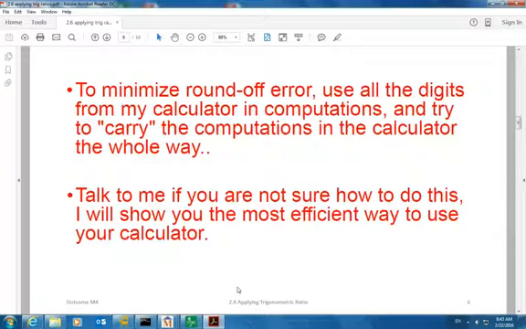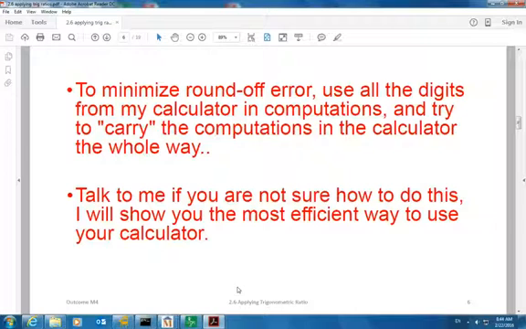And this is important. I have to mention this because we're going to get into more than one triangle questions. To minimize any error that happens when you're rounding off, you want to carry your digits in your calculator throughout a question. So for instance, if we find a middle line and it's got some decimals that kind of dangle, you want to carry those numbers in your calculator the whole way.